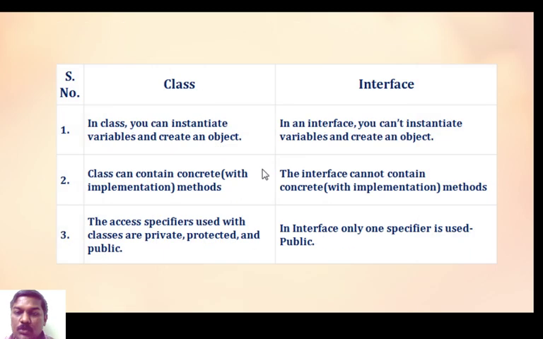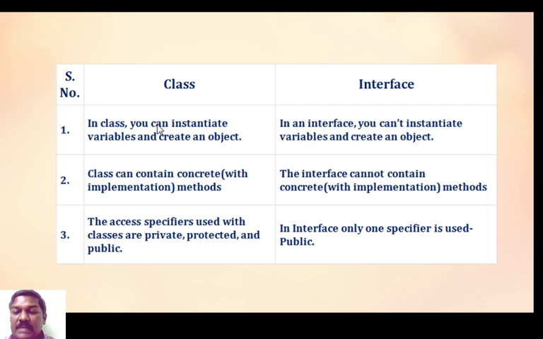Now we move on to the difference between classes and interfaces. See, in a class we can instantiate variables and we can create an object, whereas in an interface we cannot instantiate variables or create an object.